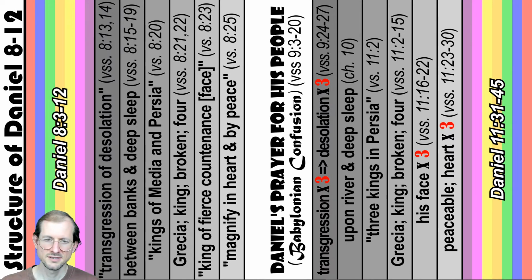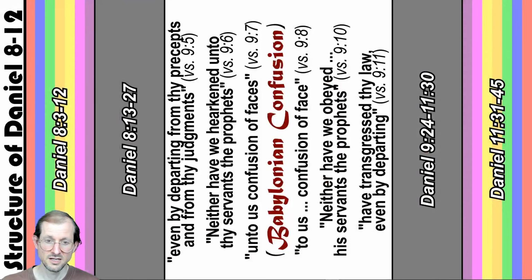And then, of course, this center layer here actually is at least 3 other chiastic layers. Because we got even by the departing from thy precepts and from thy judgments. And then we have have been hearkened unto your servants the prophets, and then we have confusion of faces.